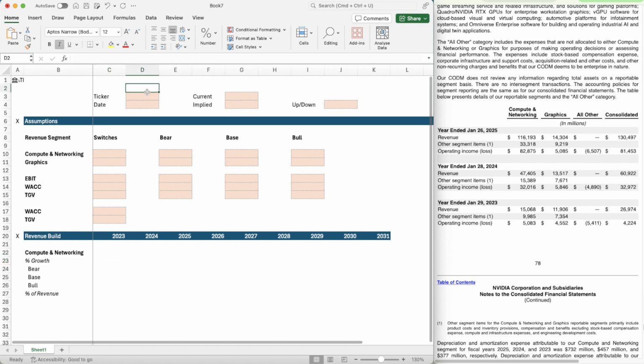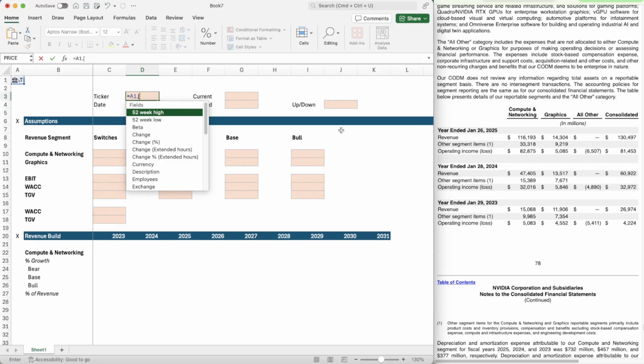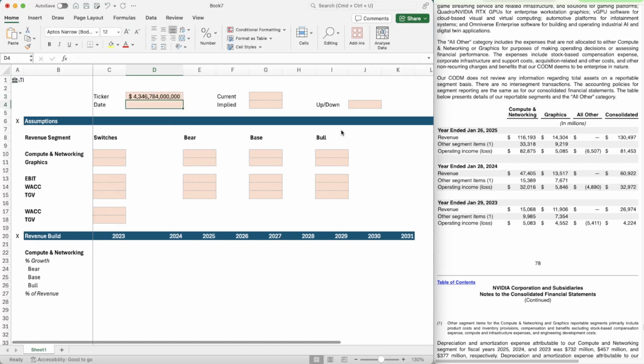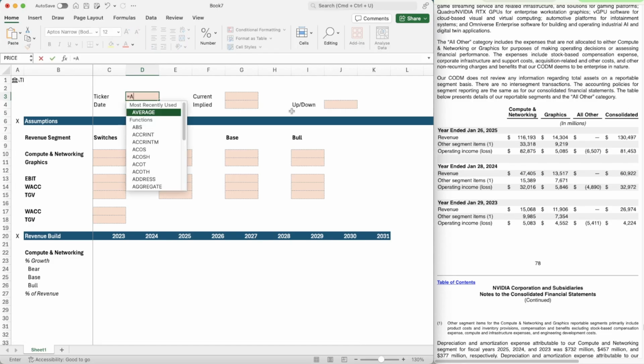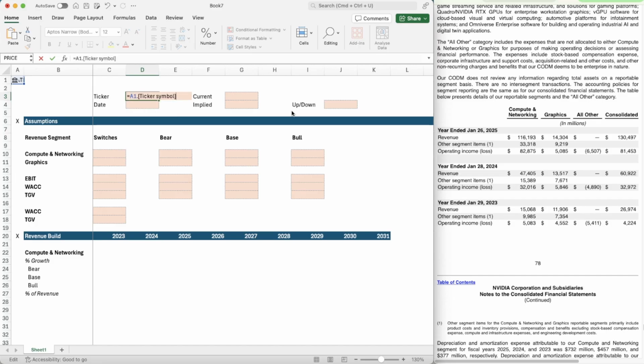Okay, sorry, I forgot to do all of this up here. So for the ticker, you just go equals A1 dot, open the brackets, ticker.